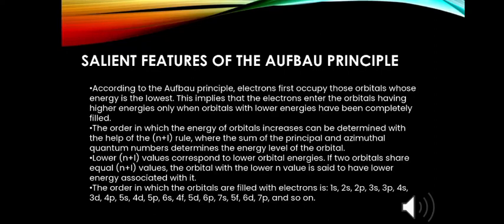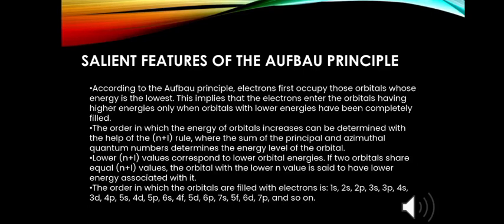Note that after filling 3p there is no 3d. First we have to fill the 4s orbital, and after that 3d will be filled, because the energy of the 4s orbital is less as compared to 3d. Therefore we first fill the 4s orbital completely, and after that we fill the 3d orbital.